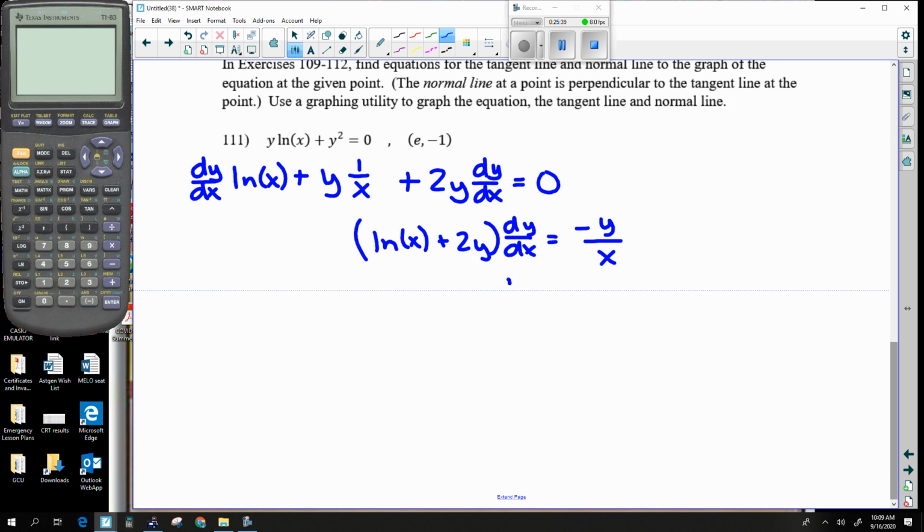Divide out, so that leaves dy dx to be equal to negative y divided by x, ln x plus 2y.